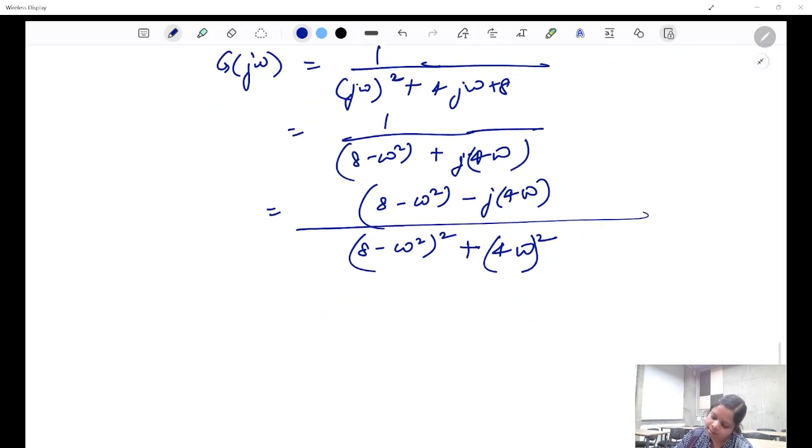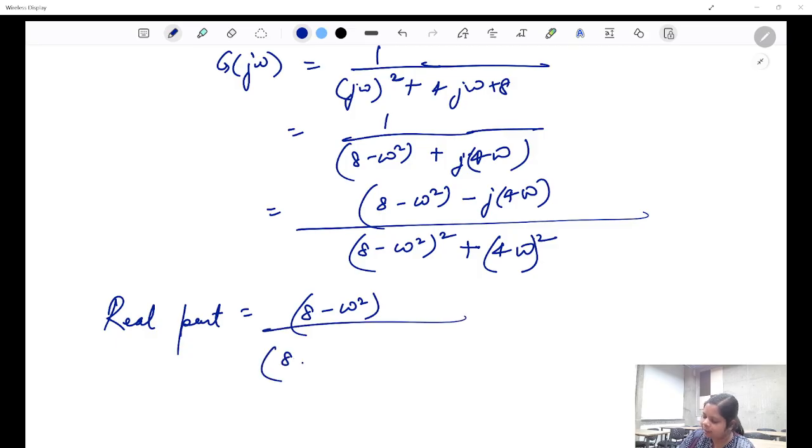So from here, the real part is (8 minus omega square) upon (8 minus omega square) whole square plus (4 omega) whole square.